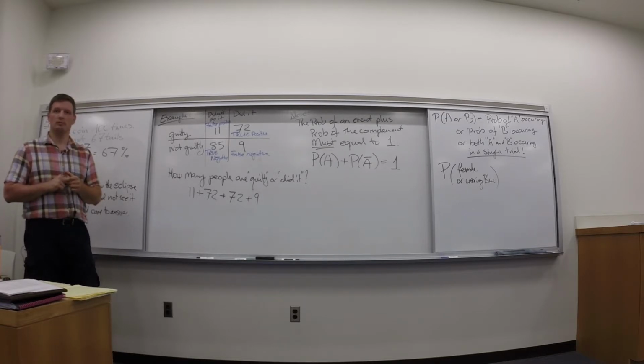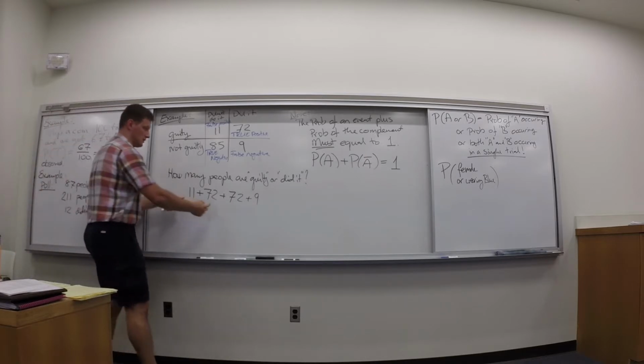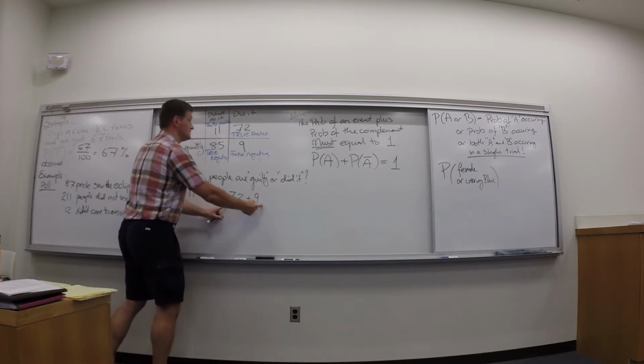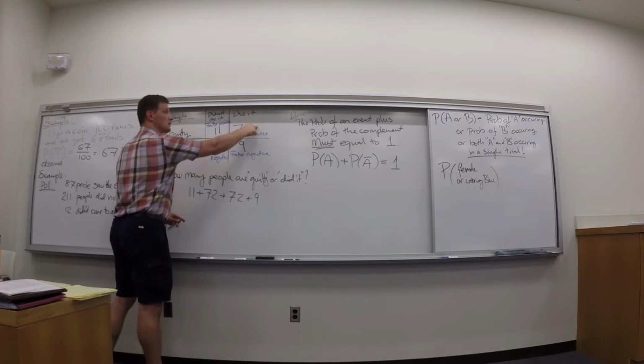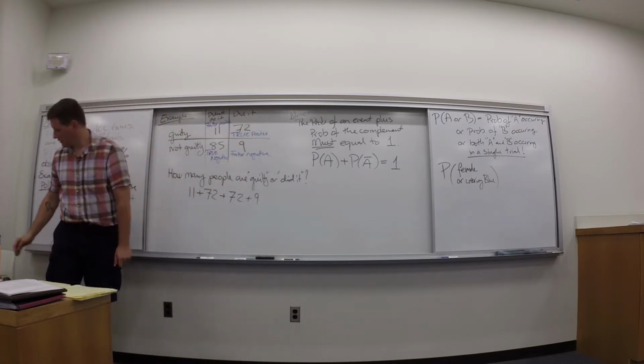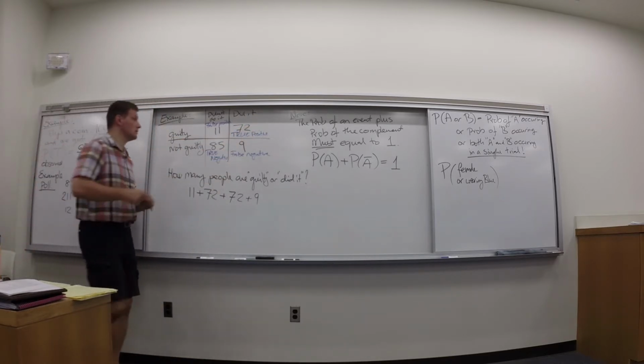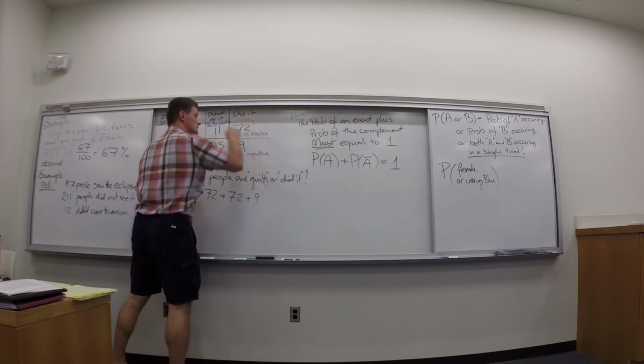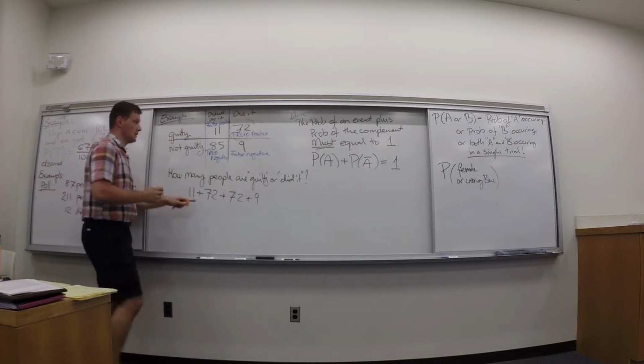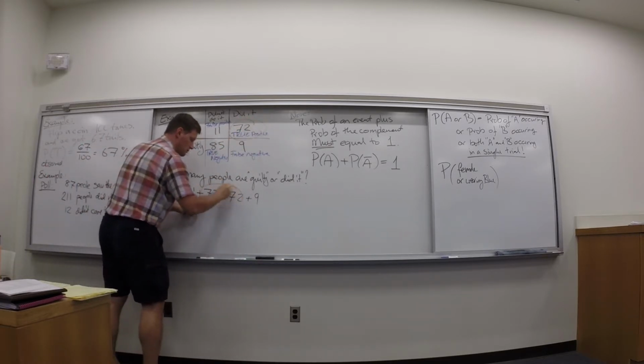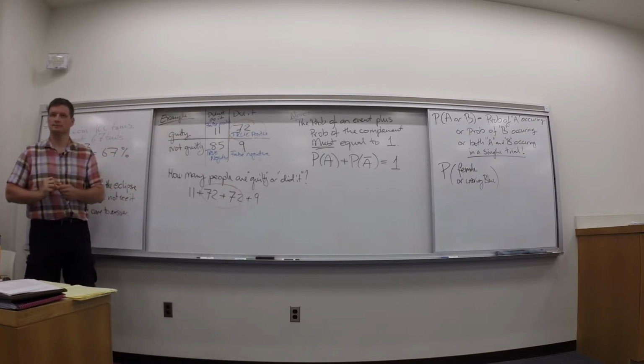We run into a problem, right? So this is guilty, and this did it. Did it, guilty. But if you look at this category, it ends up being counted twice.